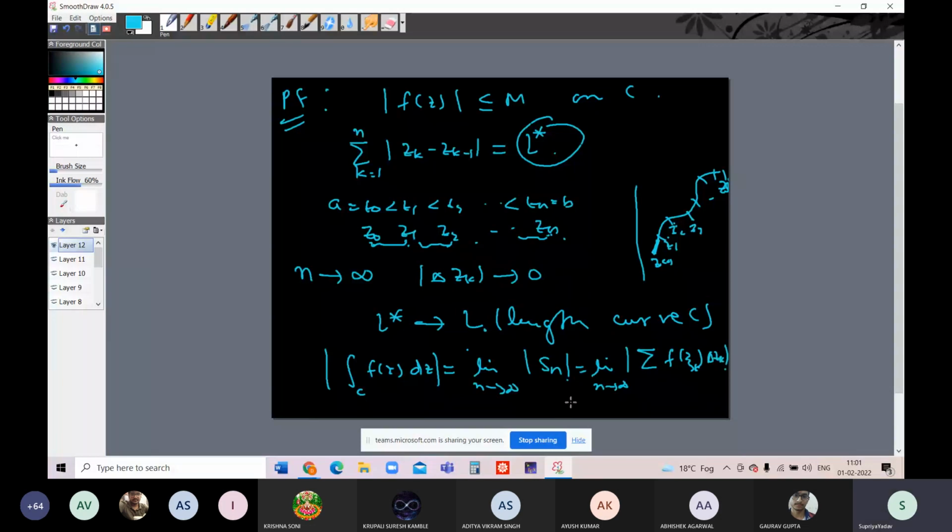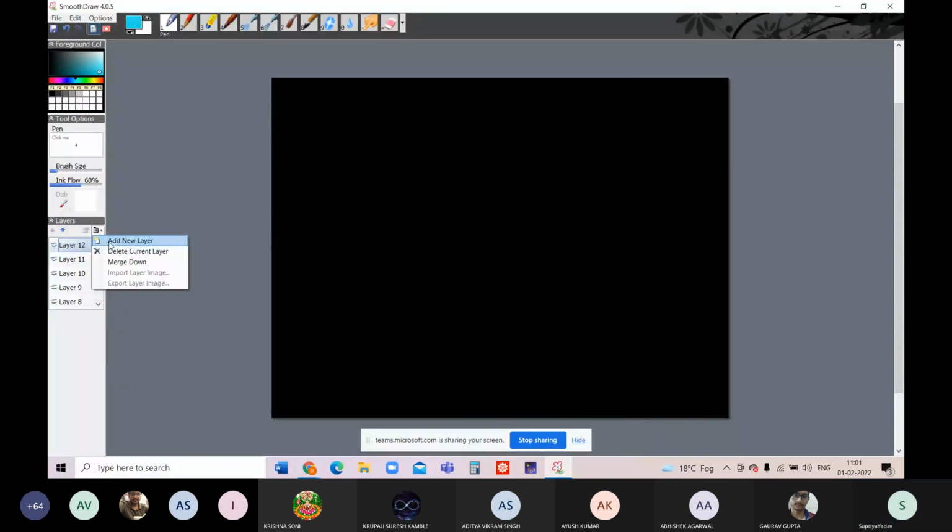You can also write it as the limit as n tends to infinity of the summation from k equals 1 to n of the mod of f(xi_k) times the mod of delta z_k.